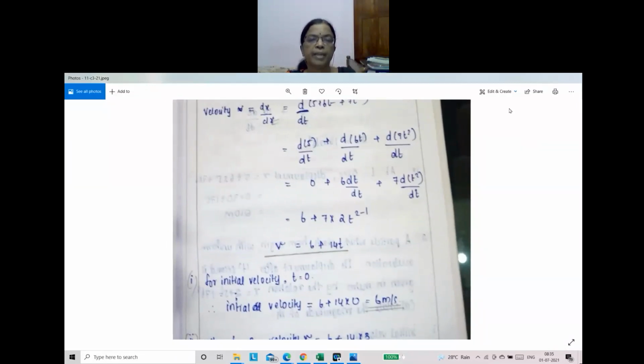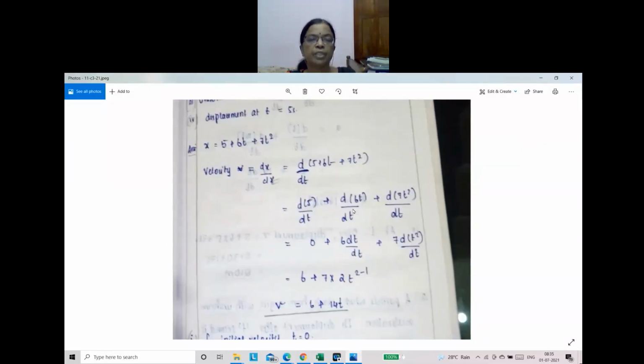So I will show those who didn't get the answer. Please see the steps. First, x is given, velocity is dx by dt, the first derivative of position with respect to time. So we have to differentiate this function with respect to t. d by dt of 5 plus 6t plus 7t square. Then split each term: d by dt of 5 plus d by dt of 6t plus d by dt of 7t square.